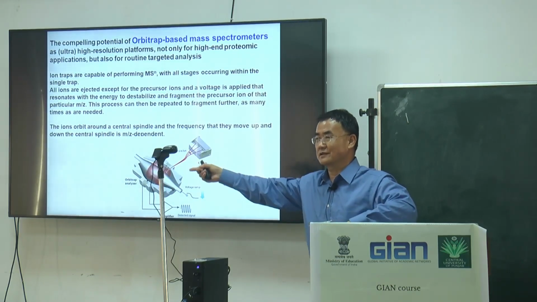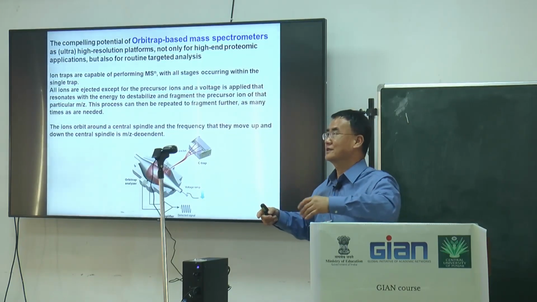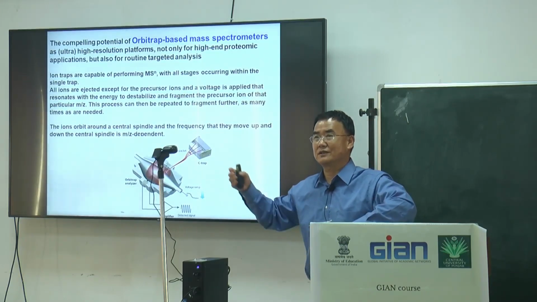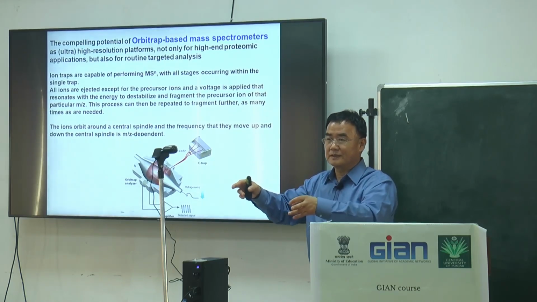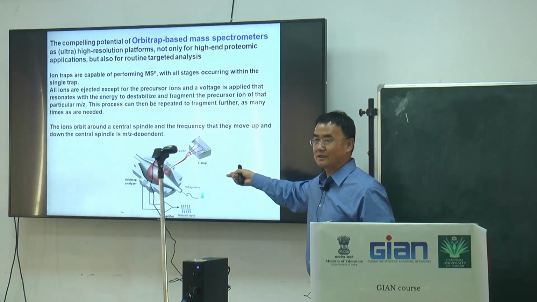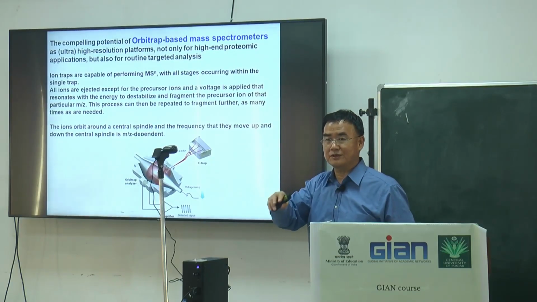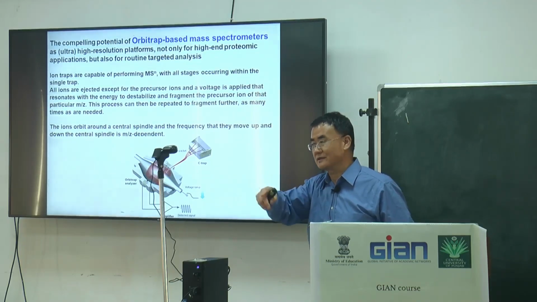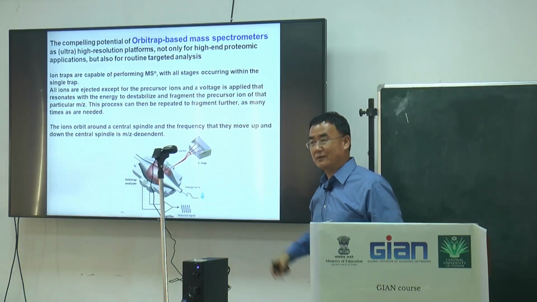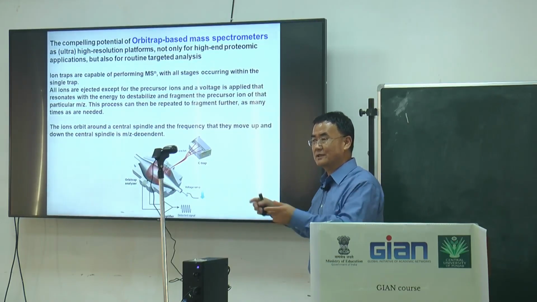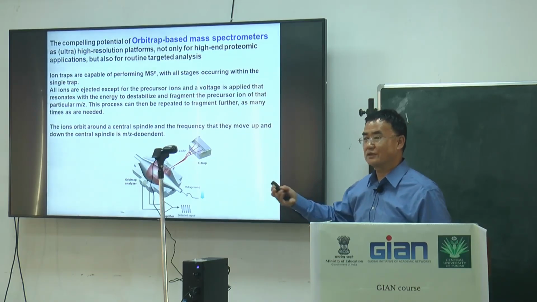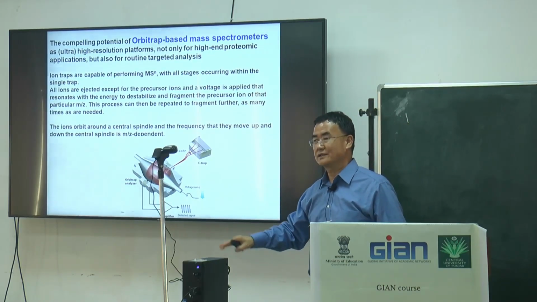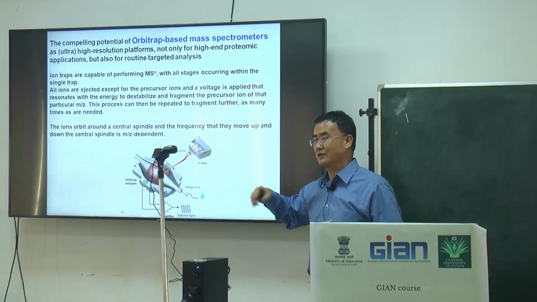Because you have a reference genome, or sometimes you can set up your library, you can match different fragments. They are just like sequences. They will know the peptide, the molecule, and also basically know the sequence of amino acids of the small peptide. So that's a very nice machine. So you can do protein fingerprint study.